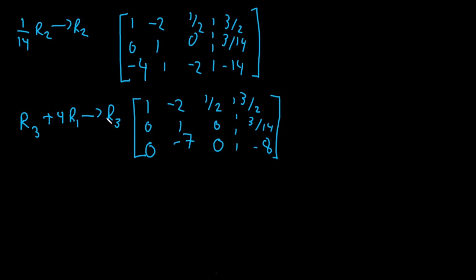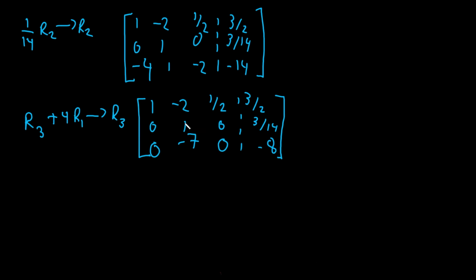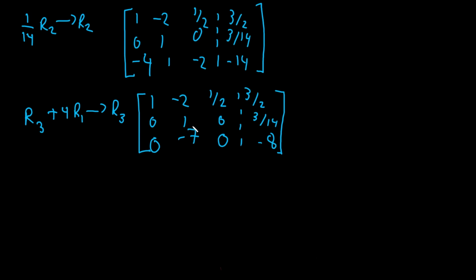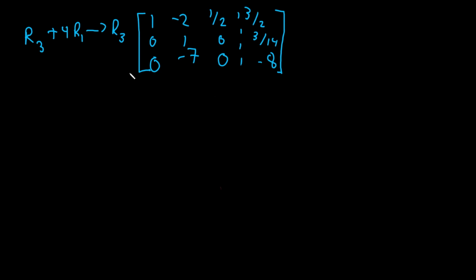To eliminate this -7, we go up this column, we see a 1 here. If we add 7 times this row to this row, then we can eliminate this -7. So row 3 plus 7 times row 2, and of course replacing row 3 in our resulting matrix will get us the following matrix.